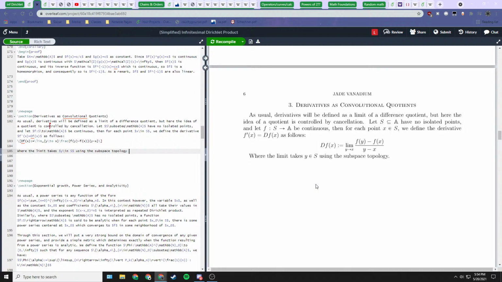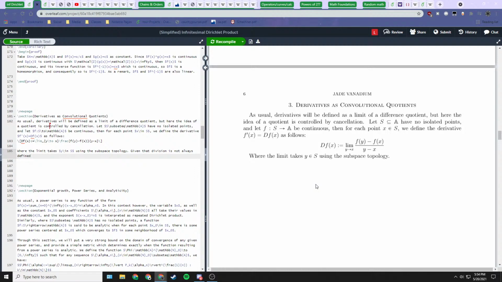So I'll just make this note: given that division is not always defined, we just require that as y approaches x in S, eventually the fraction is defined.